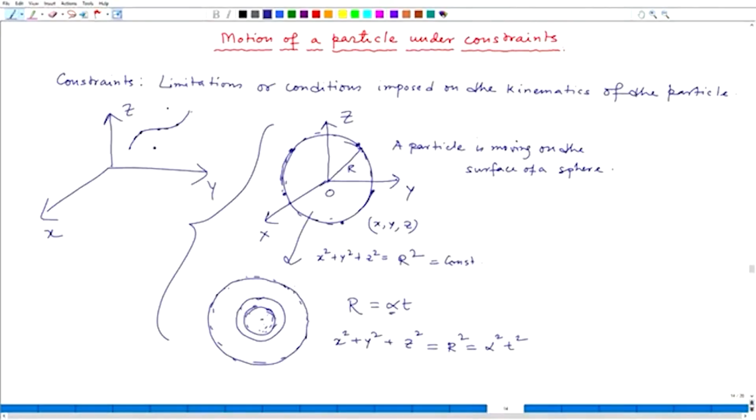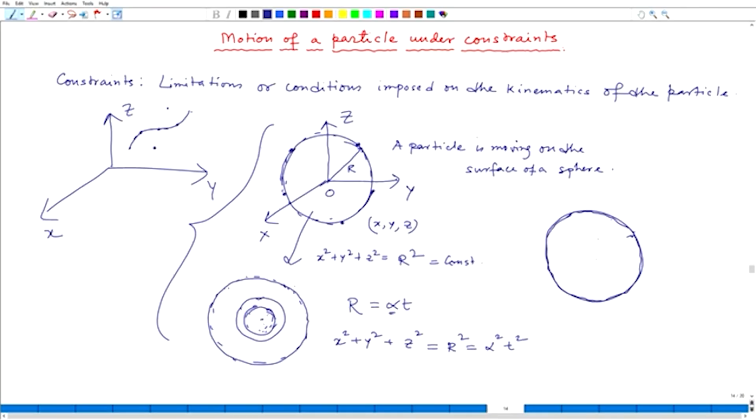So, for example, let us say the inner surface of the sphere is coated with some material which absorbs the particle, and it is a glue type of thing. So, once the particle just touches this surface from inside, it is actually glued or stuck to the inside part of the surface.